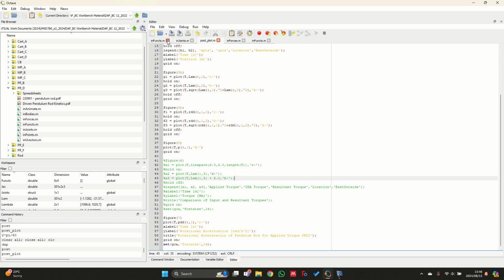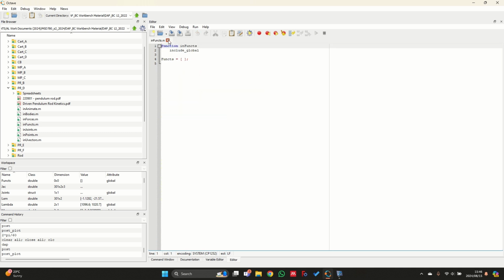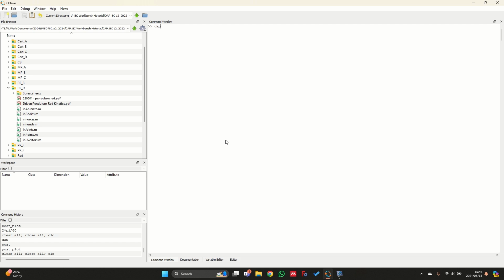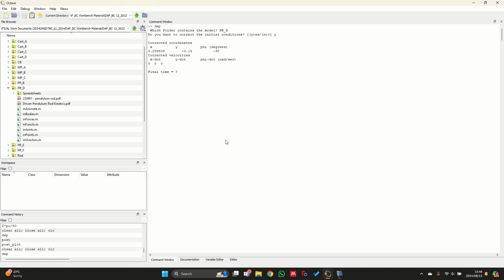Now if I close this and run this problem again, I'm going to first do clear all, close all. If I now run DAP and I say PR_D, yes, I want to correct the initial conditions. I want to plot it over 3 seconds with a 0.01 second time step. So this is exactly how we ran it previously.